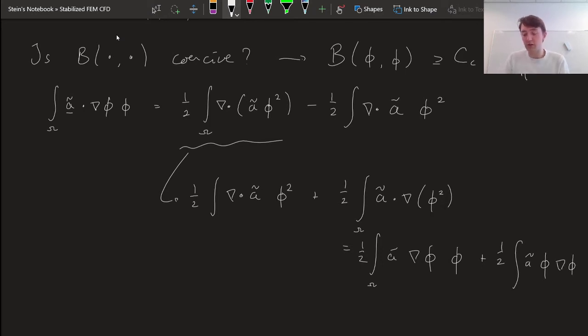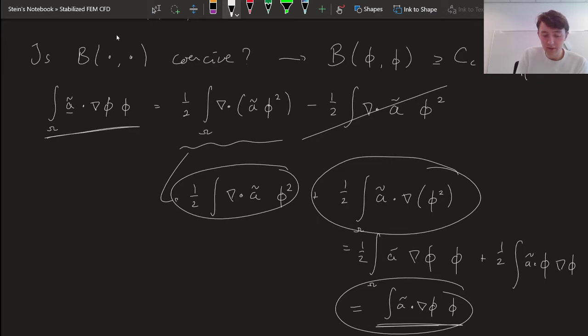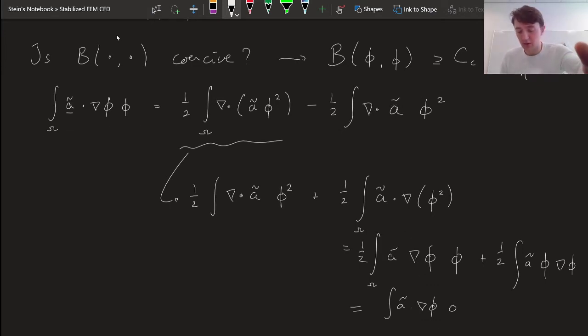Well, clearly these are the same, so this is going to be equal to a tilde times the gradient of phi times phi. So that's this term, and this one is being cancelled by this one, such that in the end we have this. Okay, now I have to go back a couple of steps. Illustrations for why this is true.